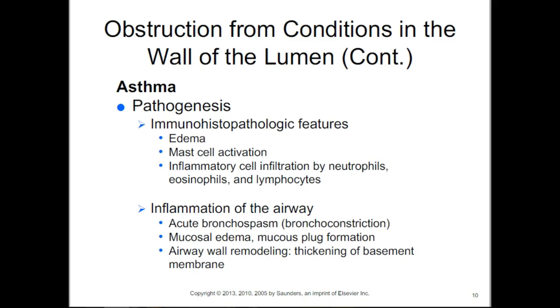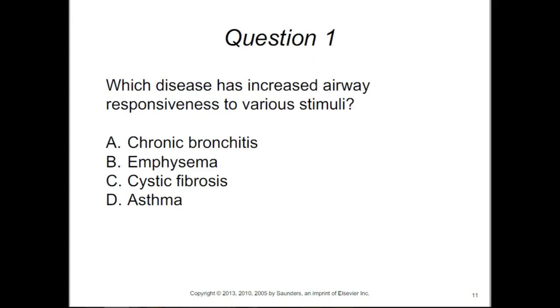You might see an increase in mucus production because of these increased number of mucus glands, so you might even see mucus plug formation. And then you'll see an increase in the size of the wall. You might see increased mucosal glands, and also an increase in smooth muscle. So all of those make the airway wall thicken.